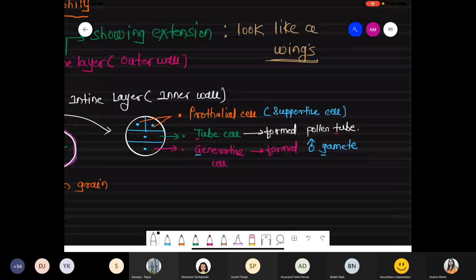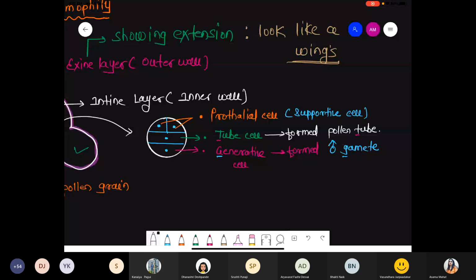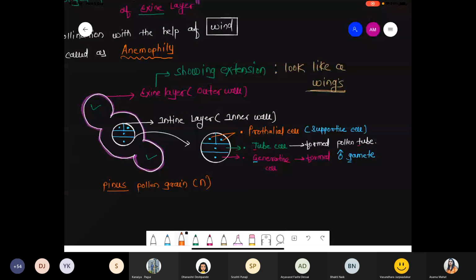Now whenever we are talking about that pollen grain, it has a ploidy level that is haploid, because it forms after meiosis. So ploidy level क्या होगा? Haploid होगा. The prothelial cell ploidy level is haploid. Even the tube cell is haploid in nature. Even the generative cell is haploid in nature, because all these are part of the pollen grain. So the entire structure of the pollen grain is haploid because it forms after meiosis.